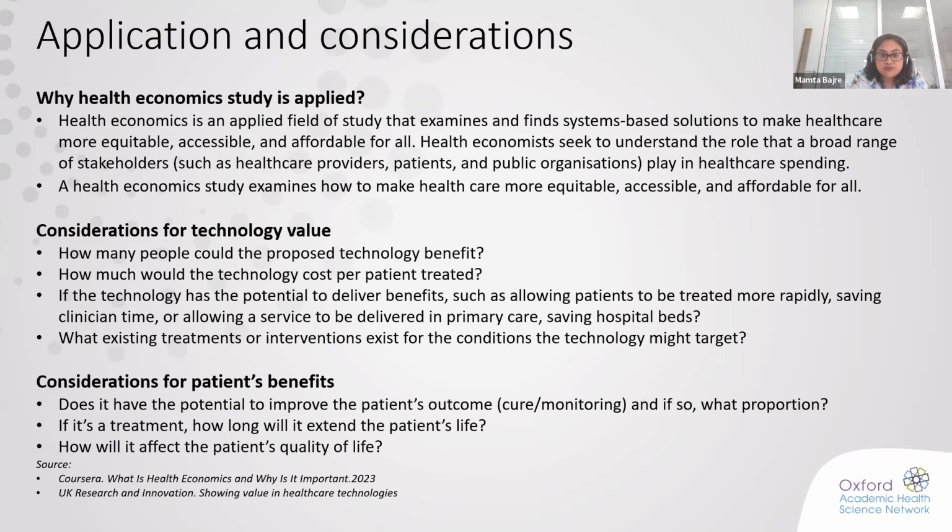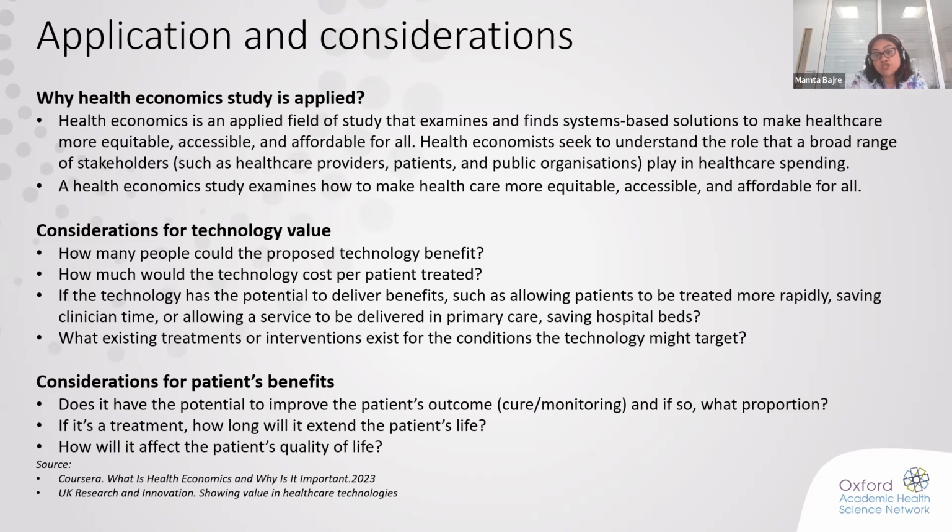Considerations for patients' benefit. That's really important when you want to do health economics. Does the technology have the potential to improve the patient's outcome, curing or monitoring? And if so, what proportion? Will it help the patient 10% benefit on the monitoring, or 5% or 3%? These are the considerations for the patient.